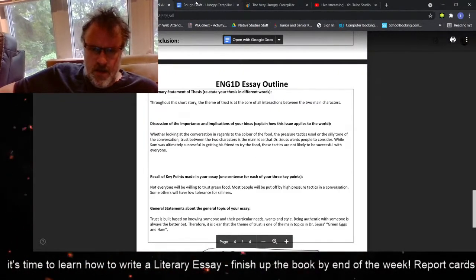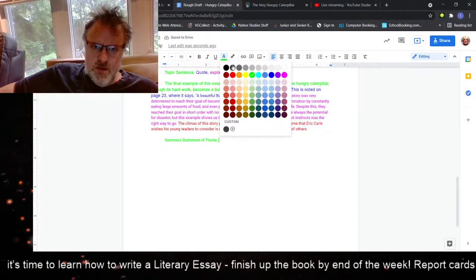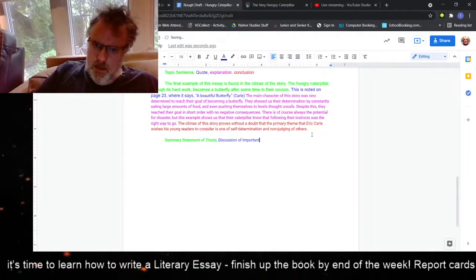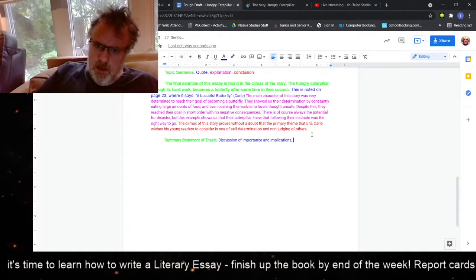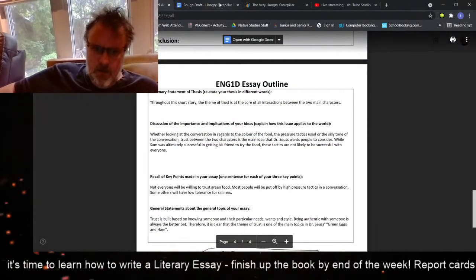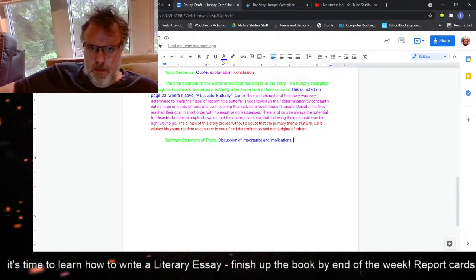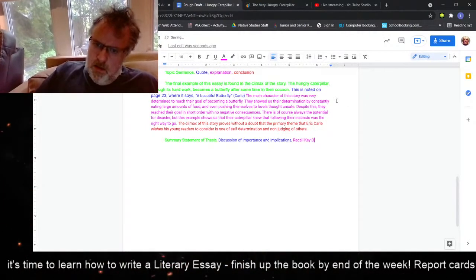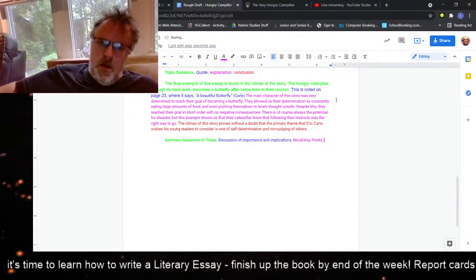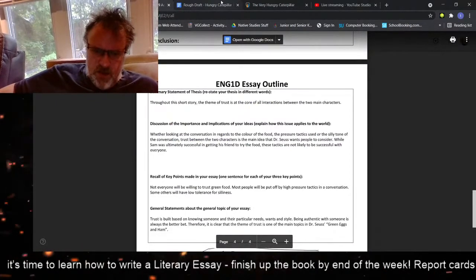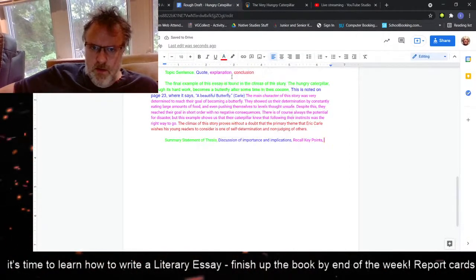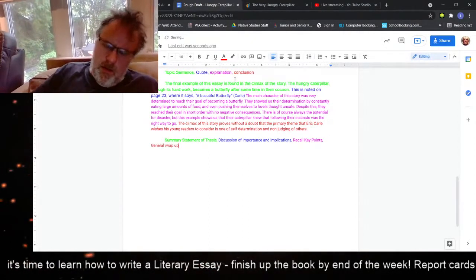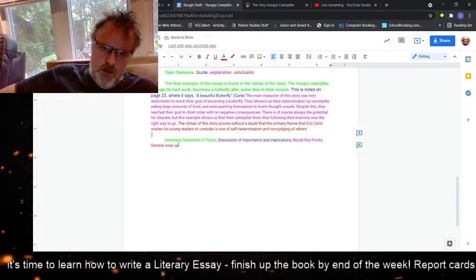Second one is discussion of importance and implications. And then recall key points. And then general statements about the general topic. Okay, so that's our color code for our conclusion.